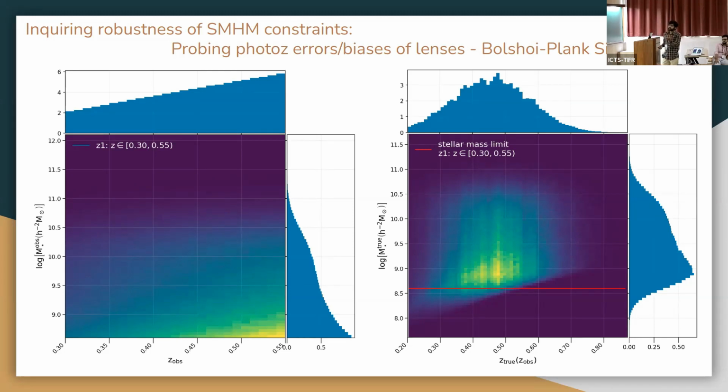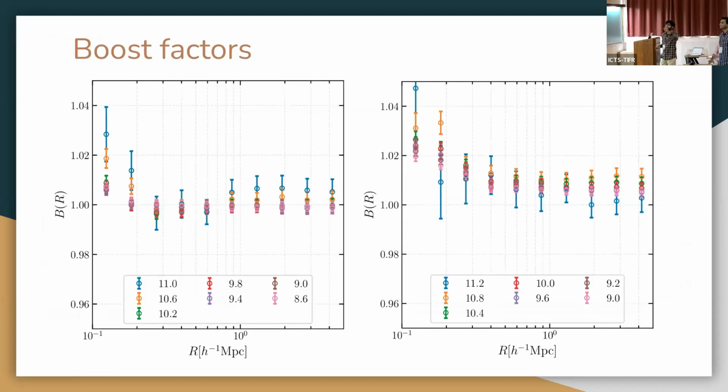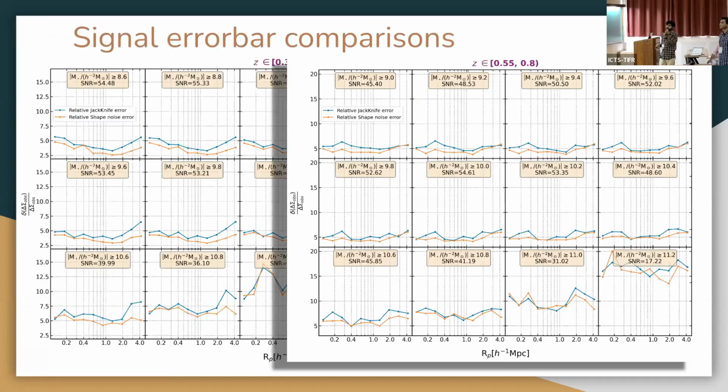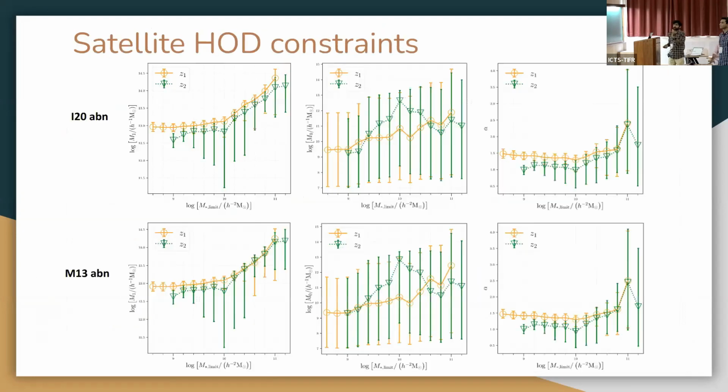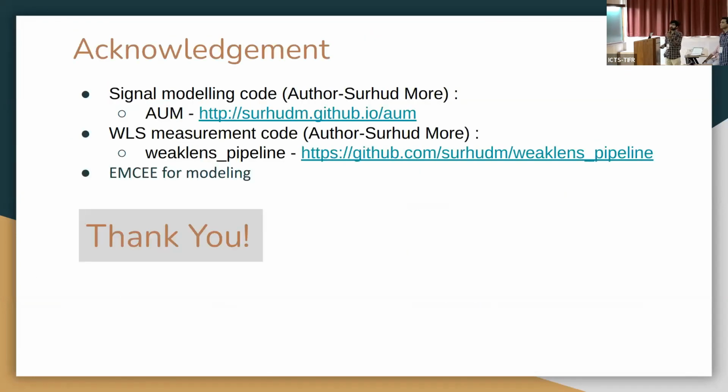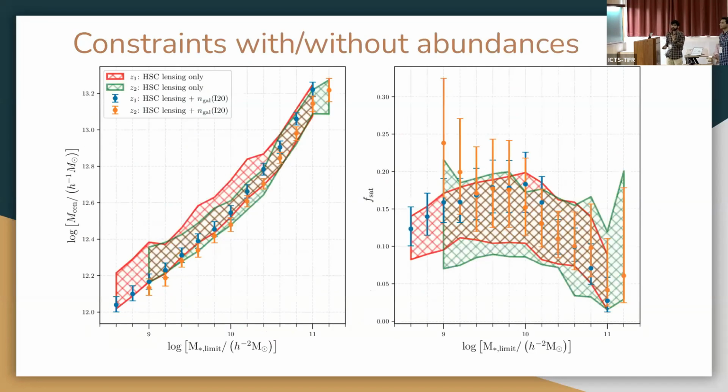Then I bin those galaxies in observed redshifts and observed stellar masses. If this is my stellar mass limit, like 8.6 or 8.8, then in the true plane what you will find is that the sample is slightly heavier. It's not really the lower threshold. So all those plots that I showed could potentially shift on the x-axis towards agreement with the previous studies, but they will still have a large error bar.